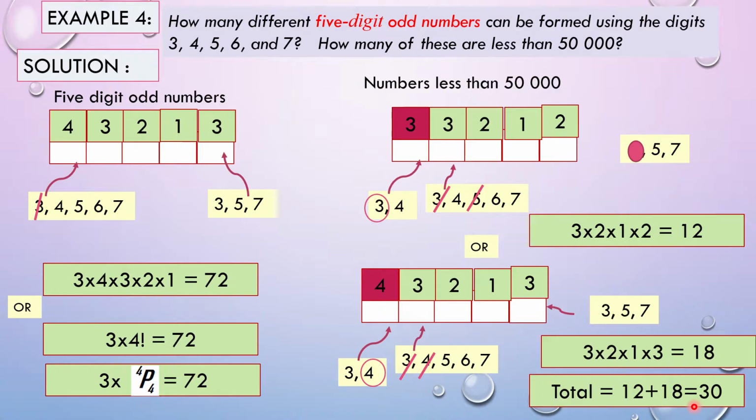Whenever you have the word or, in order to obtain a number less than 50,000, you may start the number with digit 3 or digit 4. Whenever you are using the word or, you change it to plus. So 12 arrangements plus 18 arrangements, the total is 30 arrangements altogether.